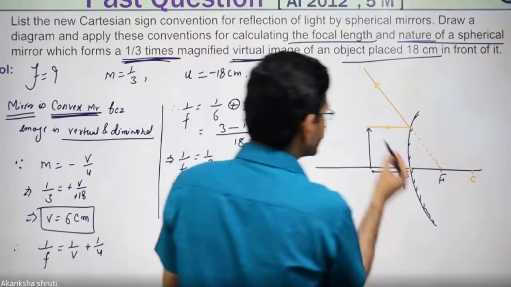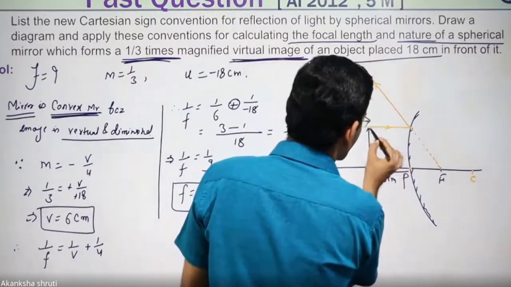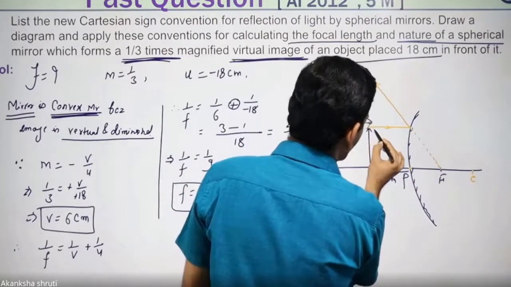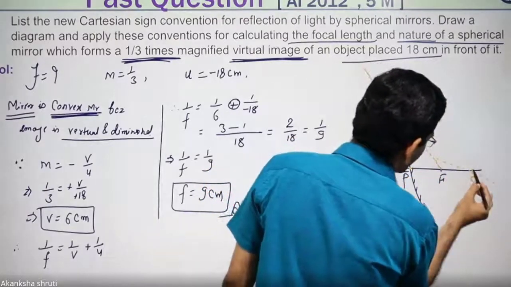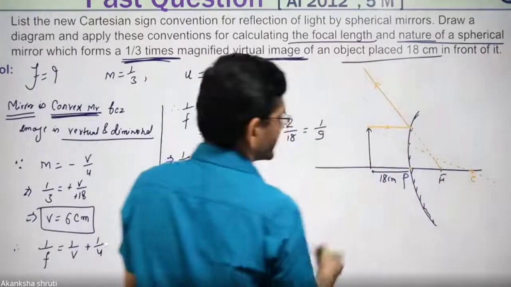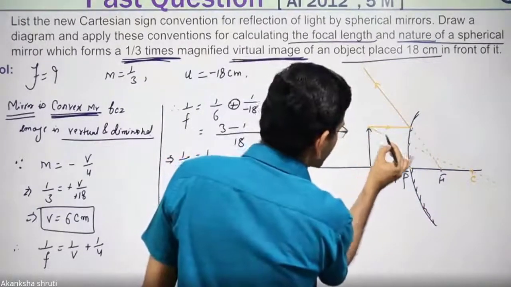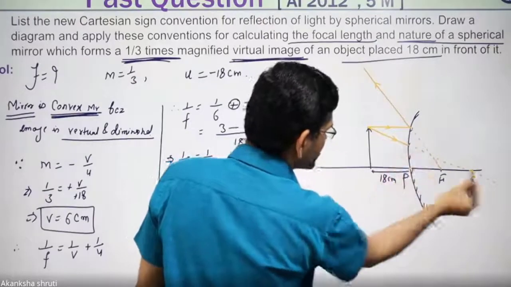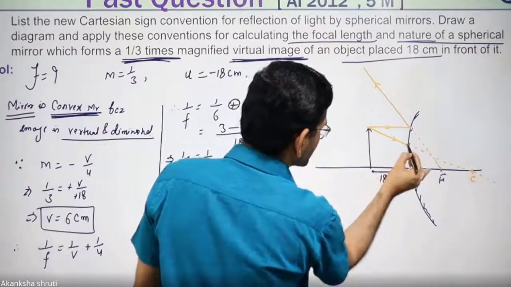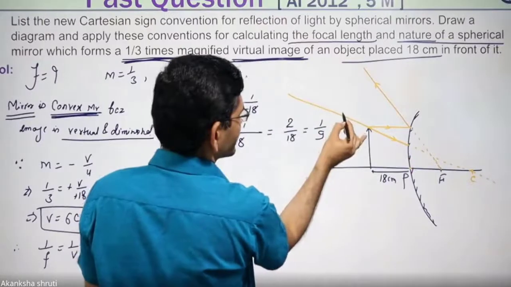The convenient way is to draw it dotted toward the center of curvature. Now, when the ray is incident here, it is the normal incident. This is the normal, so it will also get reflected like this.